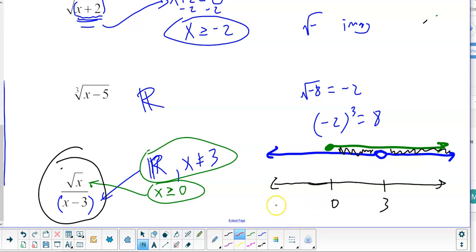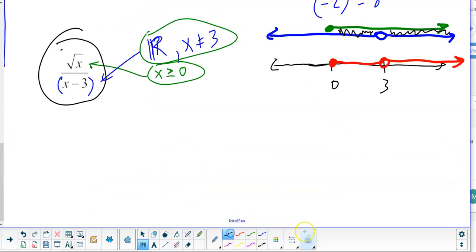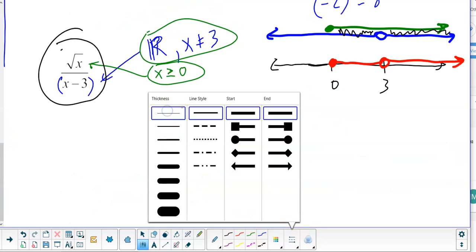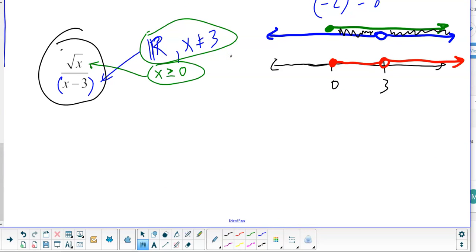So I think your answer would be something like closed circle at 0, open circle at 3, and it goes right. So if you're going to write this, this would technically be 2 different intervals. And here's what I mean by that. If I'm going to write my answer, first I'm going to take the interval from 0 to 3, and then I'm going to take the interval from 3 to infinity.